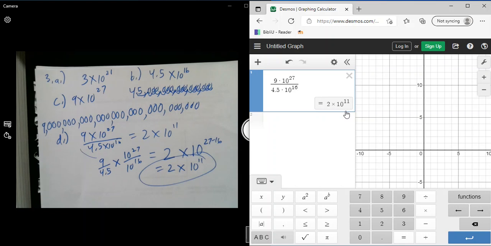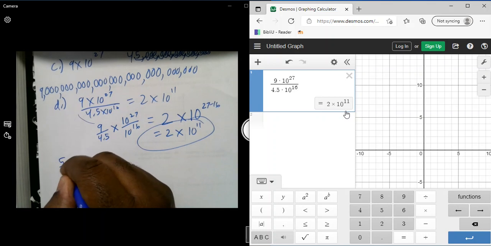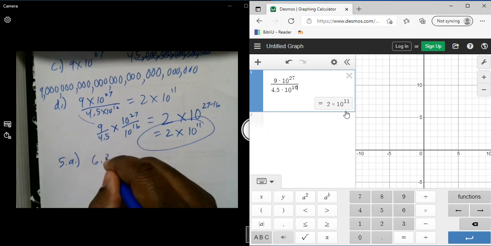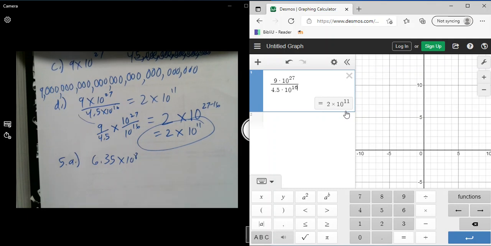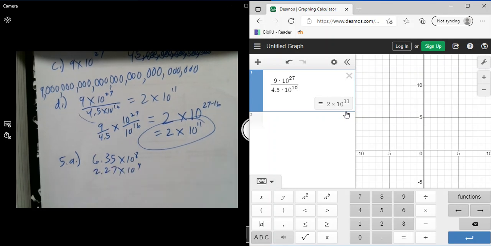Now the next problem would be problem number 5. 5A. It says the amount of federal acreage in the United States is approximately 6.35 times 10 to the 8th power. The total acreage in the United States is approximately 2.27 times 10 to the 9th.